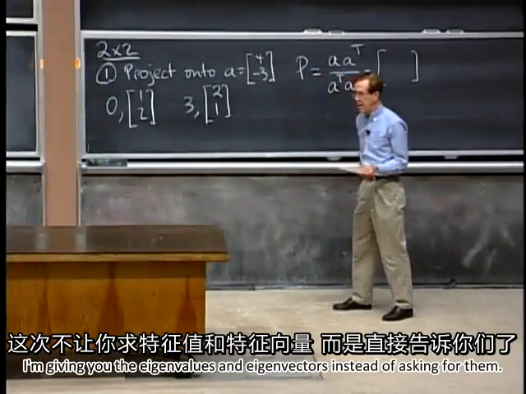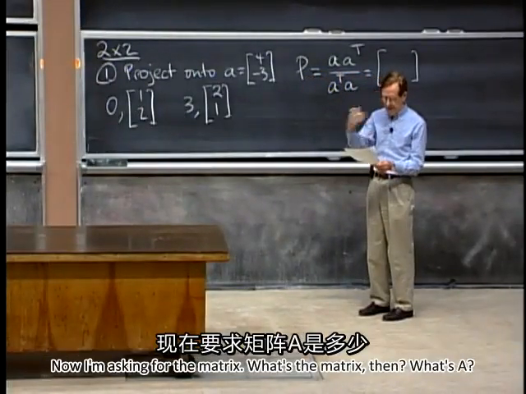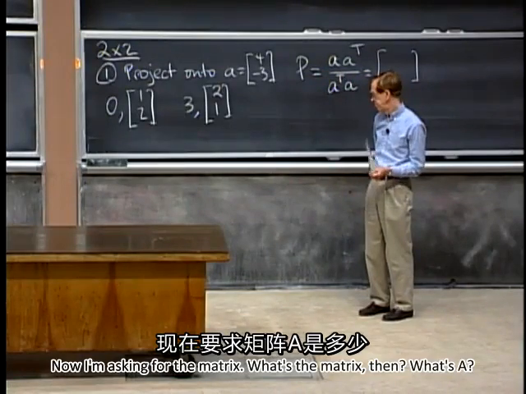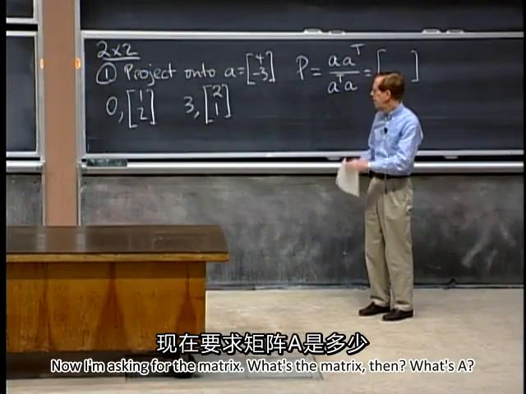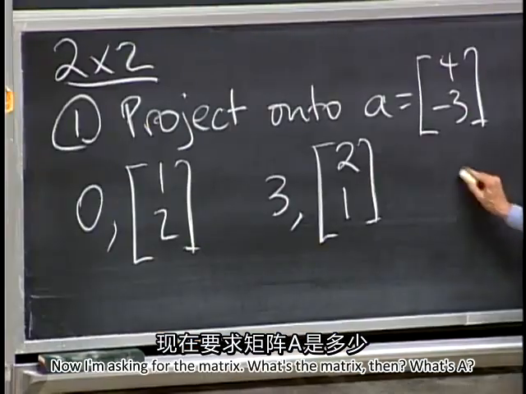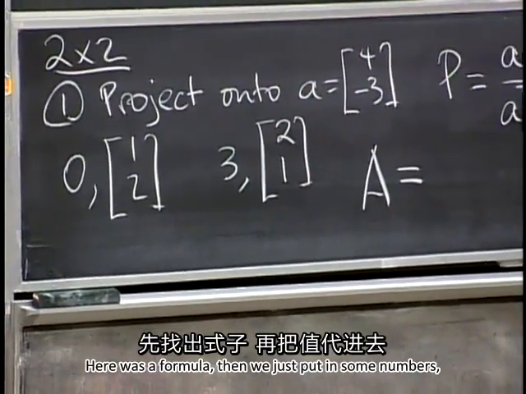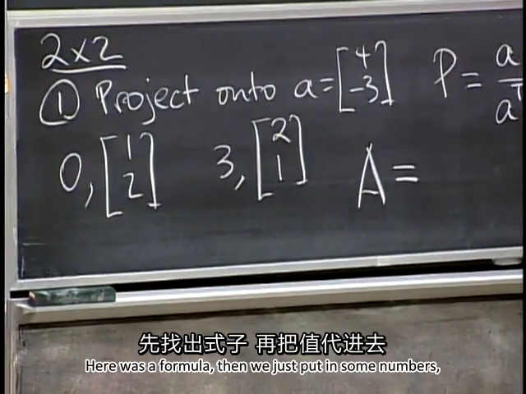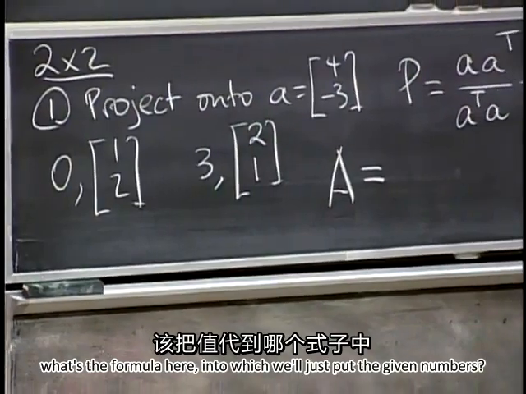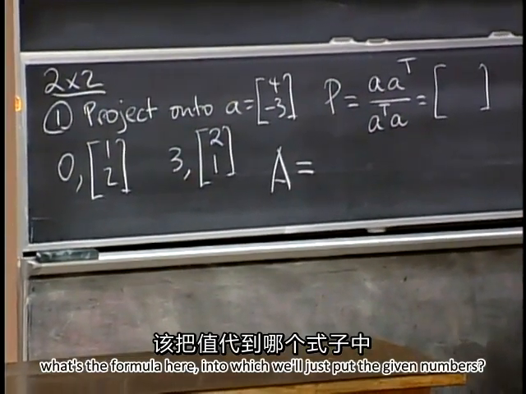I'm giving you the eigenvalues and eigenvectors instead of asking for them. Now I'm asking for the matrix. What's the matrix then? What's A? What's the formula here into which we'll just put the given numbers?